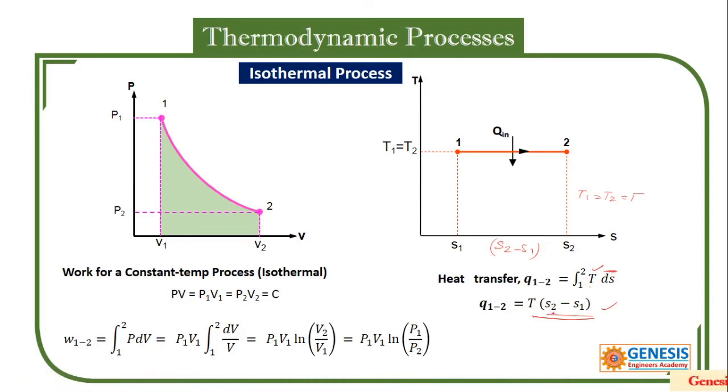Heat transfer can be obtained from this graph, as this is a rectangle shape, that is why T into S2 minus S1, or otherwise I can use this derivation, that is the integration process.